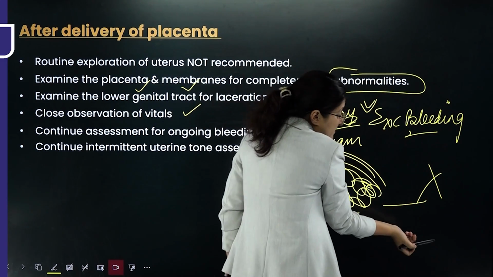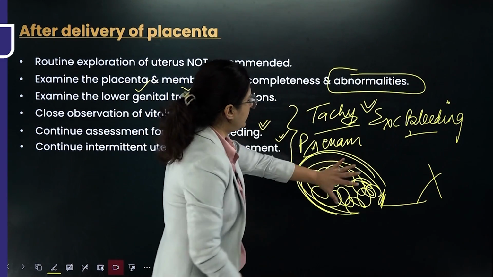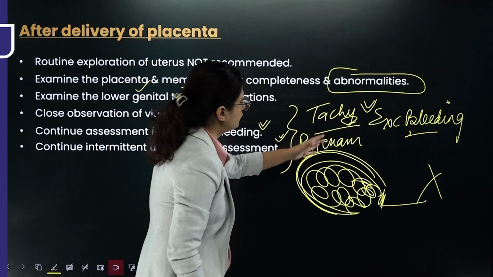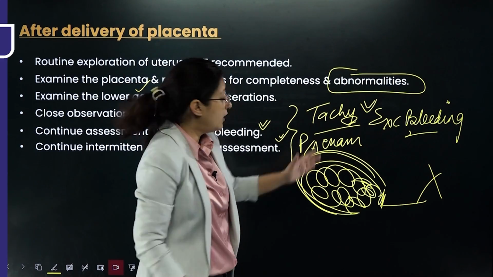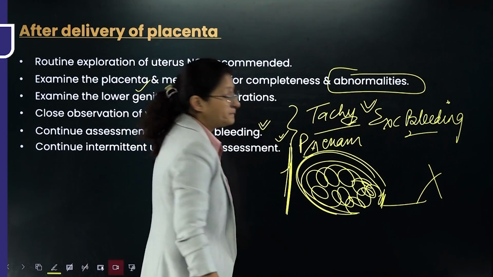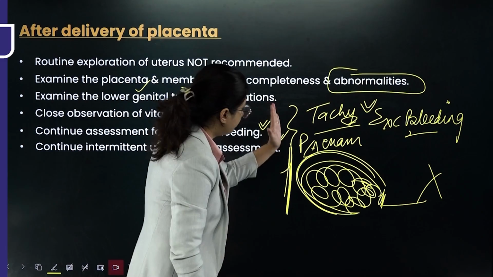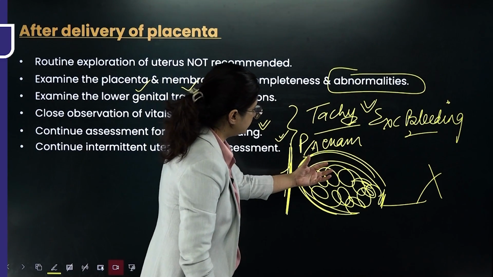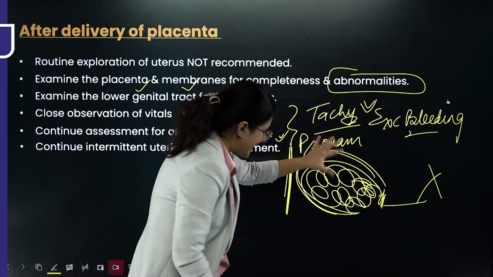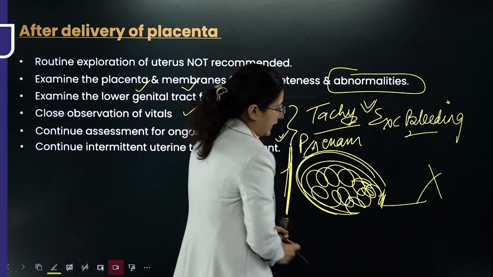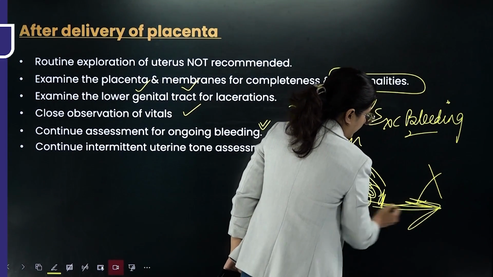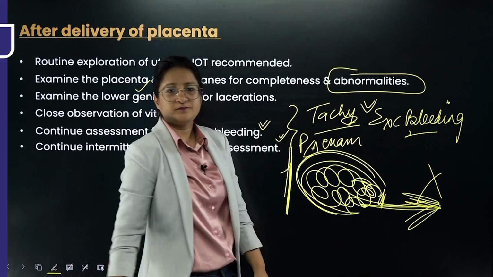Excessive bleeding may not be visible, right? But on per abdomen examination, you know that the uterus is relaxed. You can feel that. Or your fundal height may be elevated because of this distension of the uterus with clots. You massage it now and you see the blood and clots trickling out.